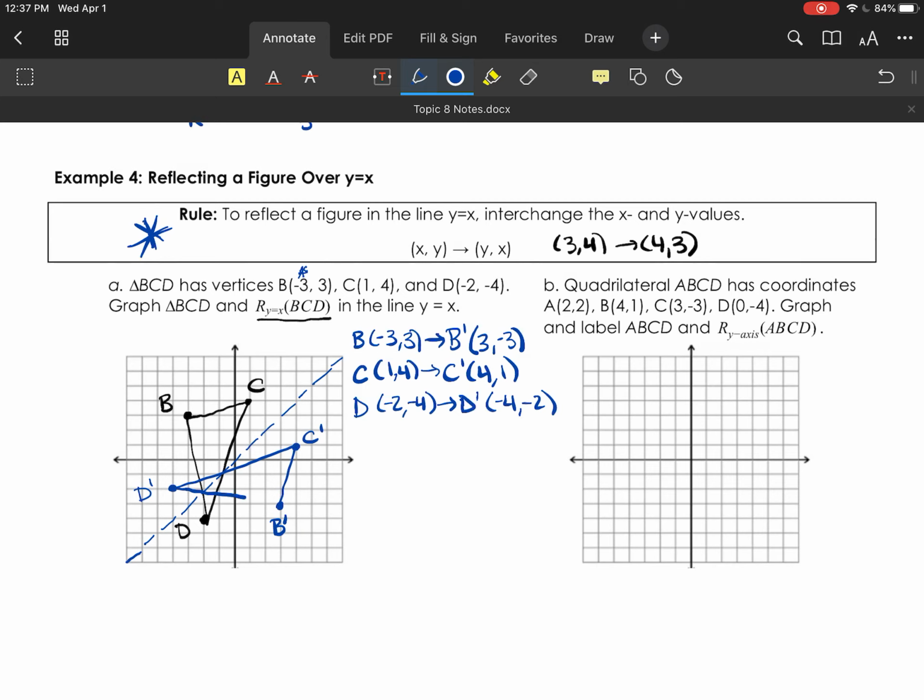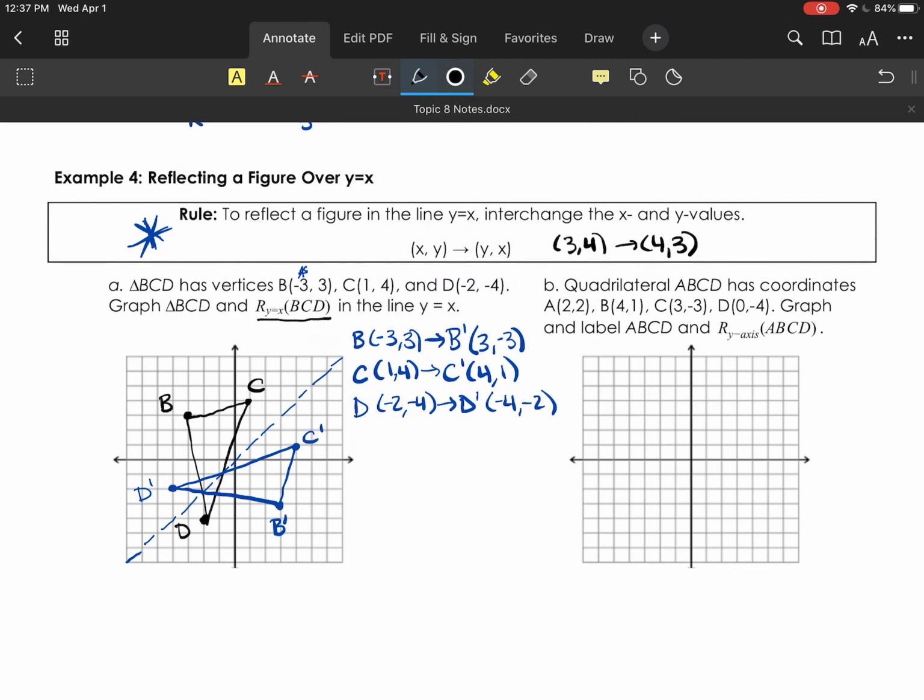Go ahead and connect those. It's a little bit harder to see this reflection. I wish I could do this in person, but if you turn your head at a 45-degree angle, so that the diagonal line looks like an up and down line, you'll be able to see the reflection then. You'll see how they're pretty symmetrical. All right, so there's your reflection over the line y equals x.